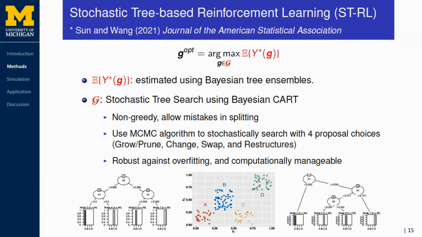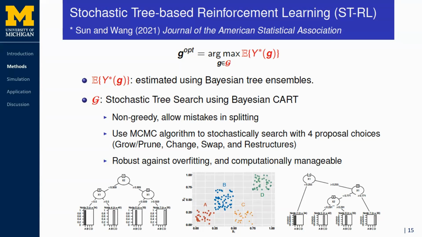But after I get to this tree, I allow these 2 children nodes to swap, so they could change. And I also allow it to be restructured, meaning that instead of going with x2 first, I can go with x1 first to restructure my tree. This kind of thing actually can help the algorithm be more robust against overfitting, and computationally it's also manageable.